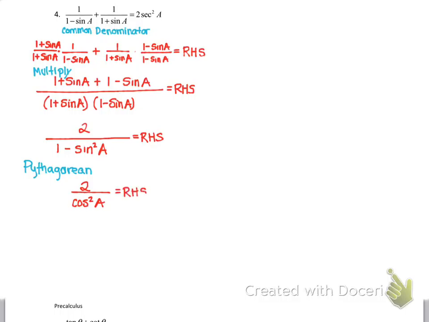And since we need cosine to become secant, which we can do because these are reciprocals, we are left with 2 times secant squared A, which is exactly what we needed.